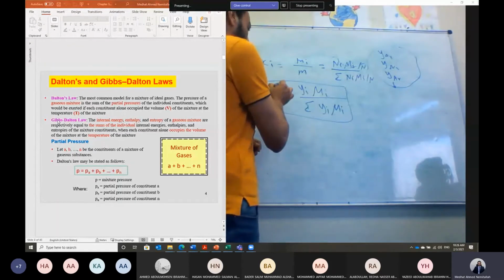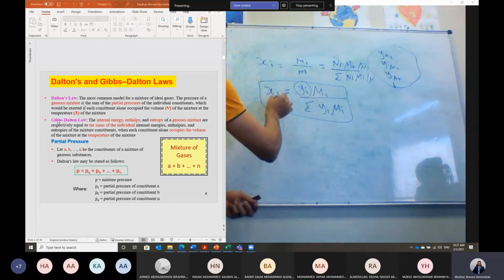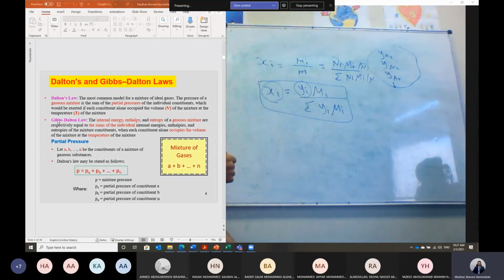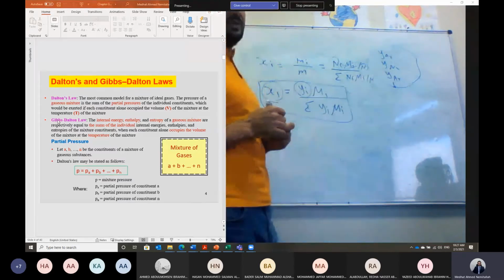This is how we can convert from the mole fraction to the mass fraction. If we have the mole fraction yi for all gases, then we can convert to the mass fraction. Like this example, say we have those three gases: O2, nitrogen, and argon.